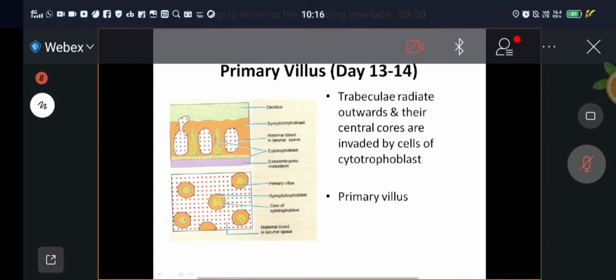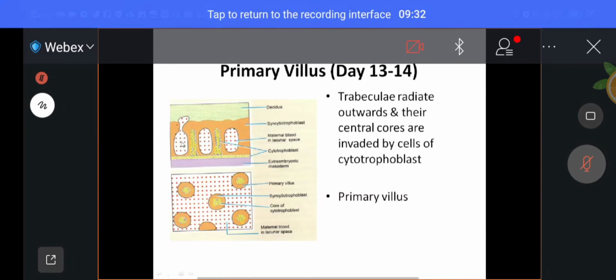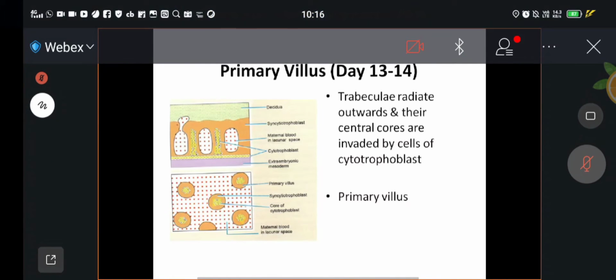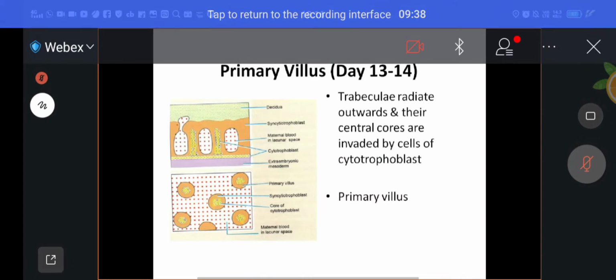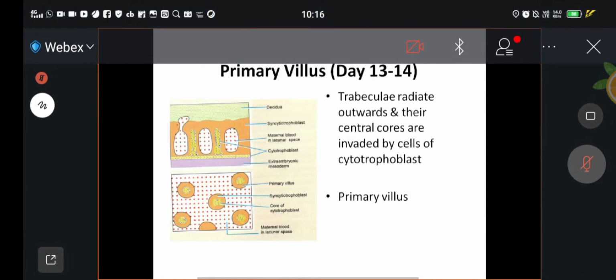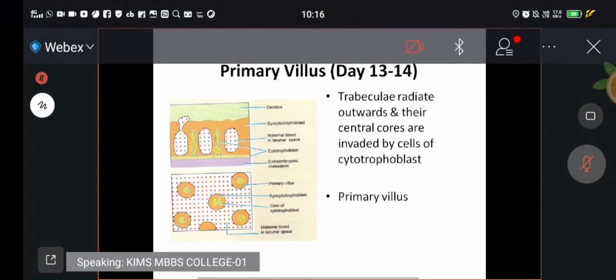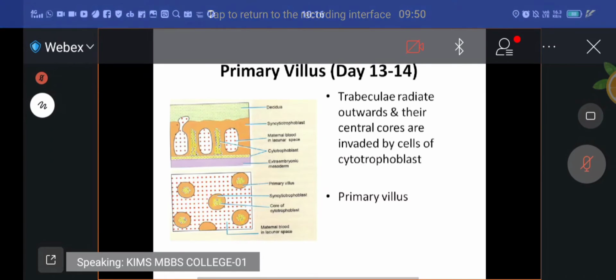In the outer syncytiotrophoblast, small lacunar spaces develop, and these small lacunar spaces unite to form big lacunar spaces. As they are growing, they invade the decidua.